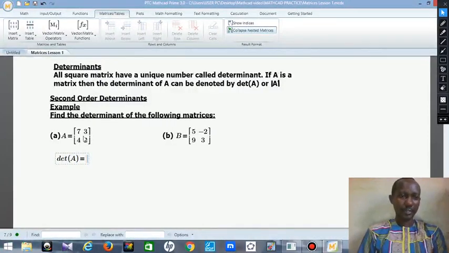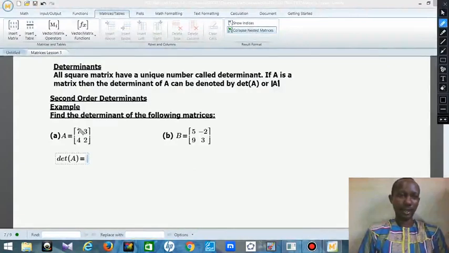Take note, this is very, very important. You start from the first number here, which is 7 times 2. It's like cross multiply. This is how we do it. Let me use my marker to point it so that you can get it well. We do the multiplication like this, cross multiply. 7 times 2. That's what you write down first.